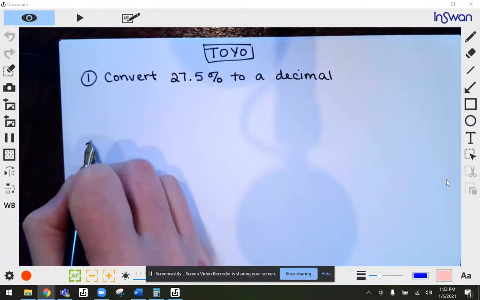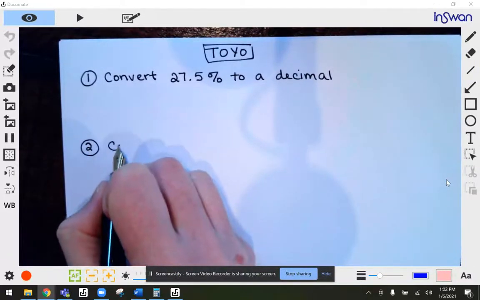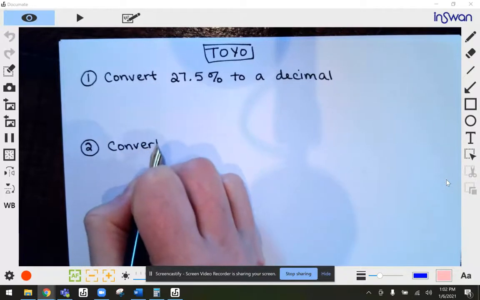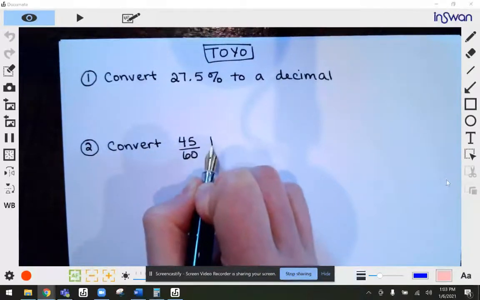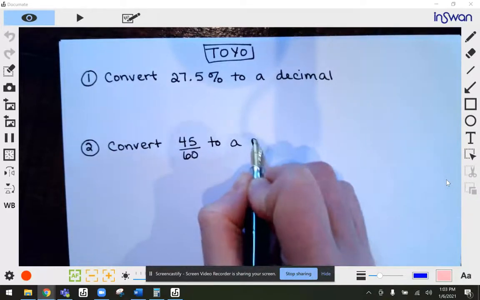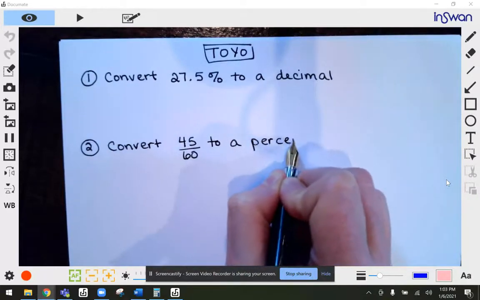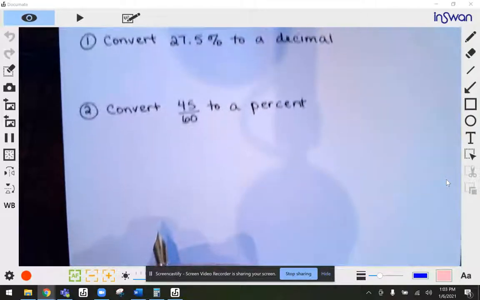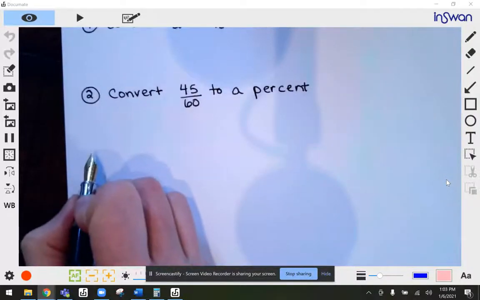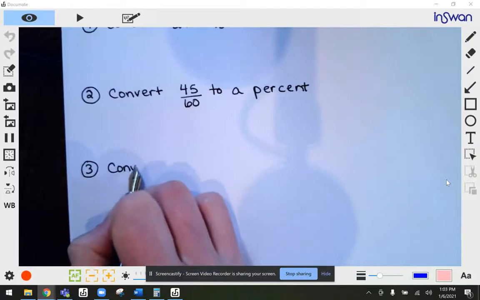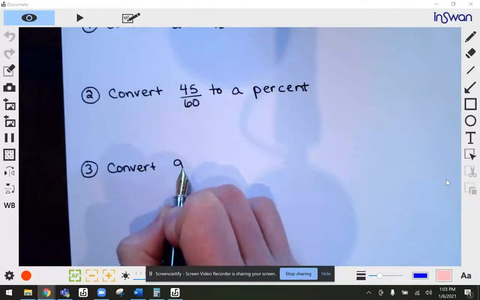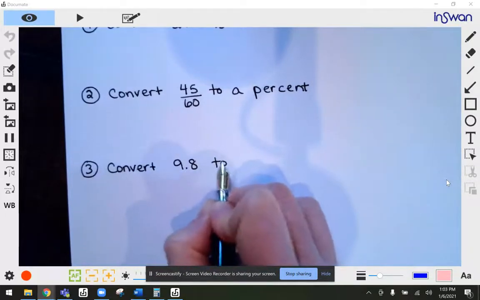Number 2 is going to be to convert 45 over 60 to a percent. Okay. Number 3 is going to be to convert 9.8 to a fraction.